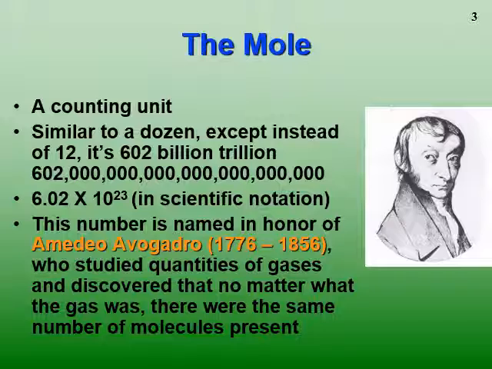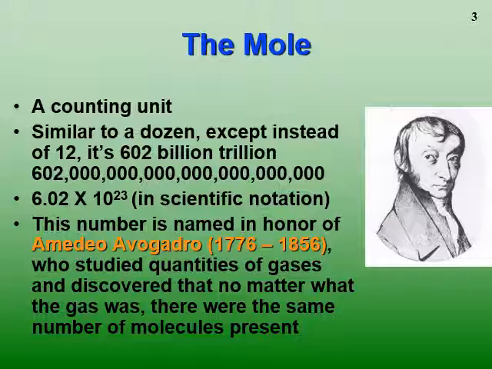Now that's a bit of a mouthful, so rather than saying that number, we use standard form and say that a mole is equal to 6.02 times 10 to the 23. So if you have a dozen eggs, you have 12 eggs. If you have a mole of eggs, you're going to have 6.02 times 10 to the 23 eggs. Quite a lot of eggs.